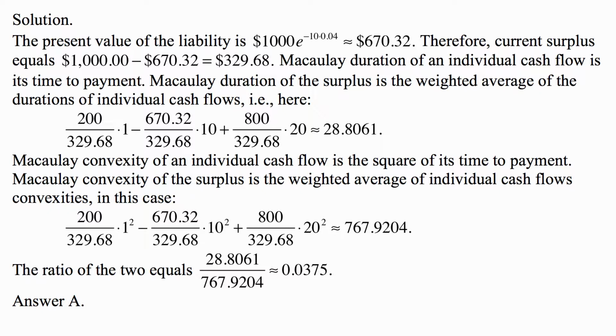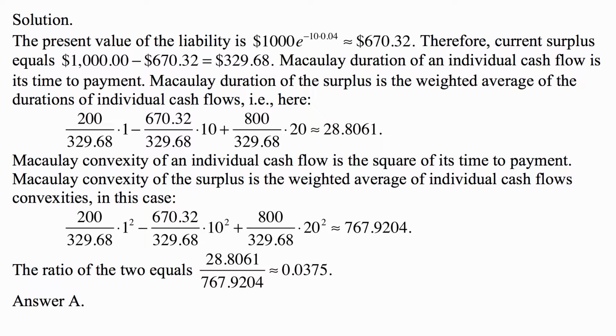This is multiplied by 10, because 10 is the Macaulay duration of the liability cash flow at time 10. Plus 800 over 329.68 times 20. 800 is the value of the 20-year zero-coupon bond. Its Macaulay duration is 20. And as a fraction of the surplus, that's 800 divided by 329.68.